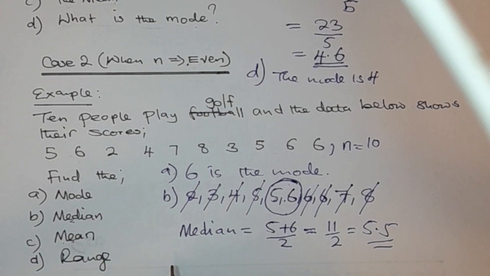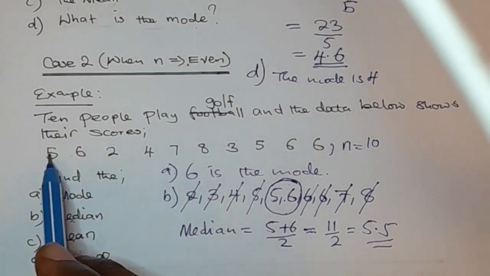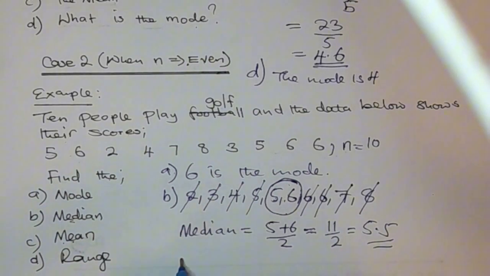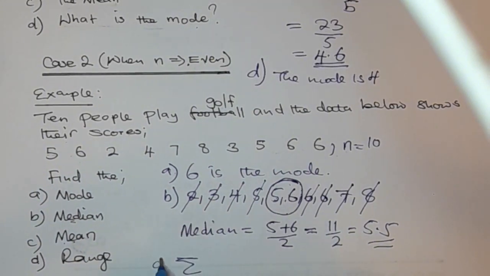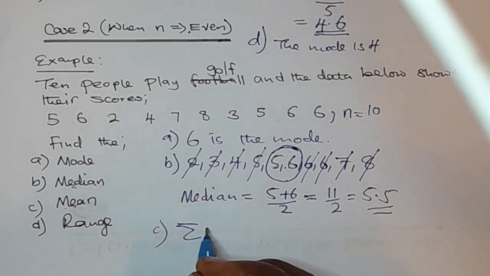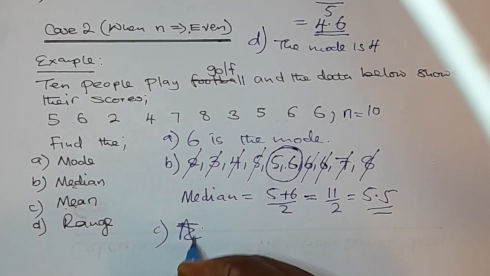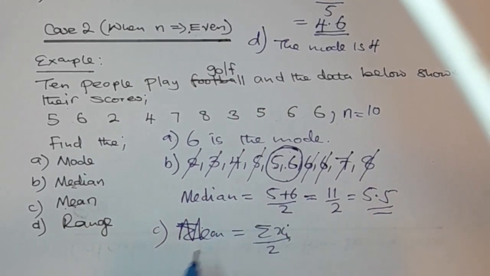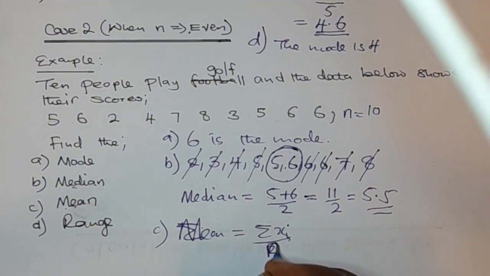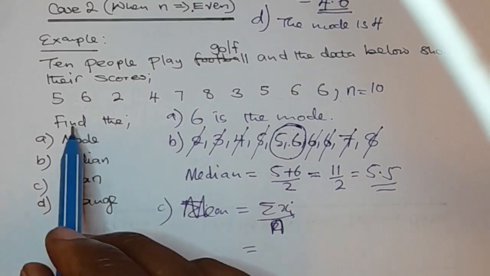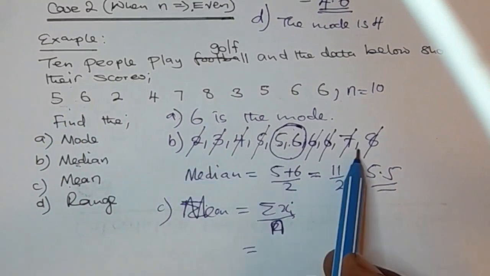Then the mean. The mean is the summation of all the numbers, then divided by n. The procedure is the same as the first one. So mean is equal to the summation of all the numbers divided by n. You can even get them from here.